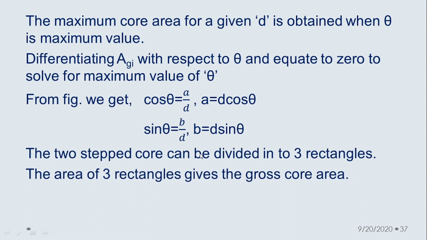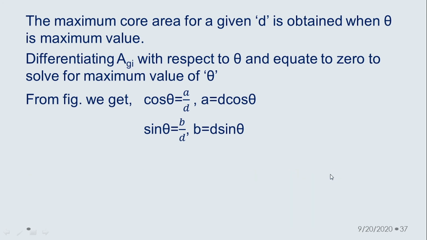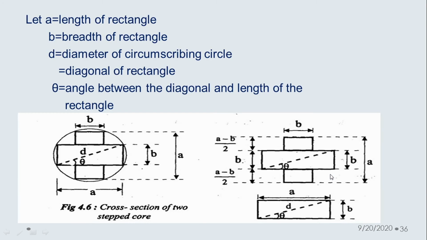The two-stepped core can be divided into three rectangles. The area of the three rectangles gives the gross core area. So this step you can convert into three rectangles: one is this rectangle, which is mounted horizontally, this is the second rectangle, and this is the third rectangle.